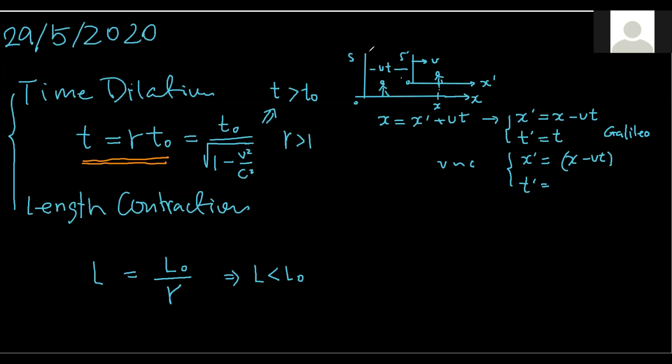However, I just put the time here, and everything has to be modified. You have to put a gamma here. Do you remember? That's right. Then there is vx over c squared. So this is called the Lorentz transformation, the second one.